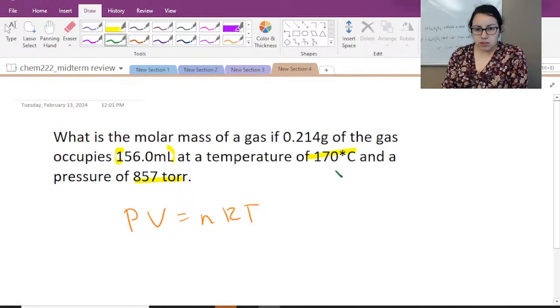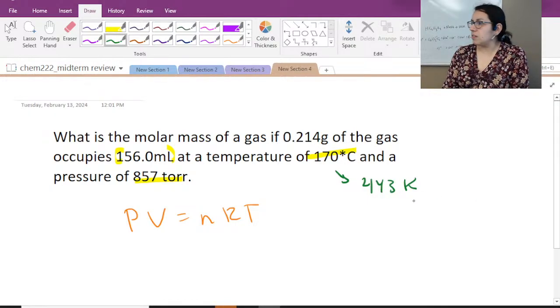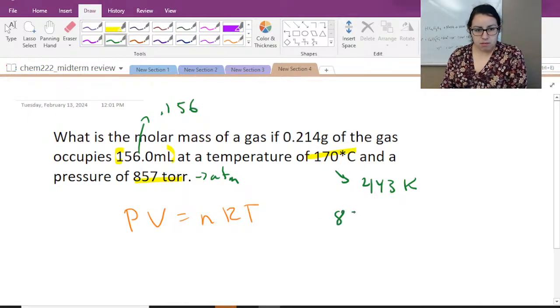I'm seeing in the chat that somebody put that 170 degrees Celsius is 443 Kelvin. I think that helps us. We need to convert milliliters to liters, and then torr to atm. How many atm did people get?